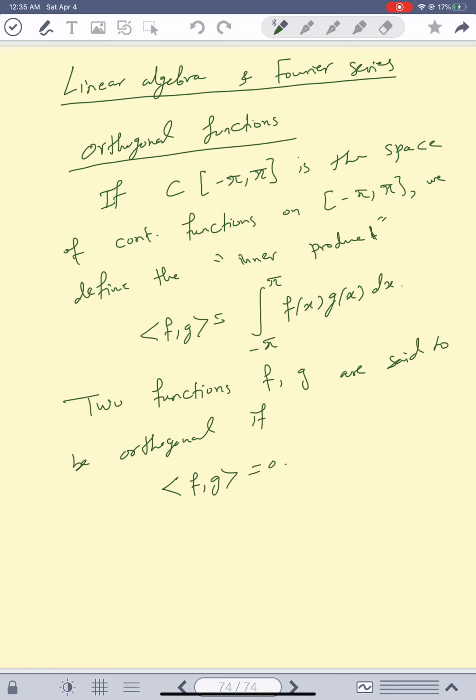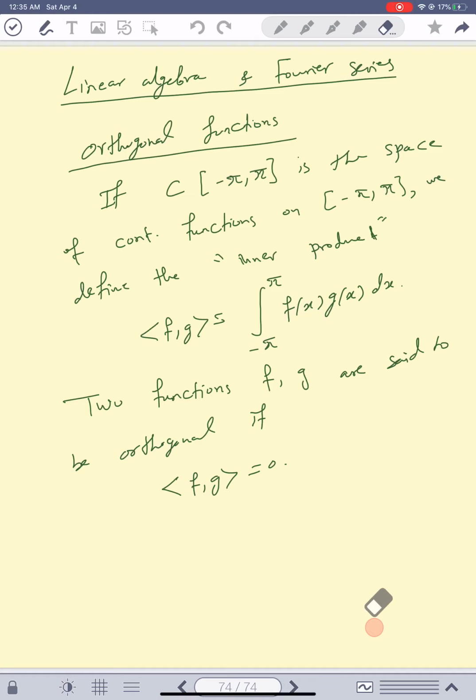Remember, this is like the natural extension of the well-known criteria for orthogonal vectors. So if you have two vectors that are orthogonal, let's say u and v, how do you tell that the two vectors are orthogonal? You compute the inner product, right? The dot product is 0, then the two vectors are orthogonal. Now, the extension of this to functions is that you compute the inner product. If the inner product, which is defined in this example by the integral, is 0, then we say the two functions are orthogonal.